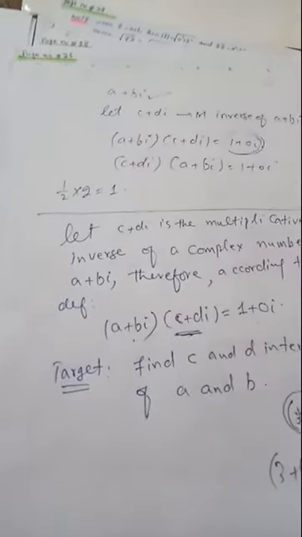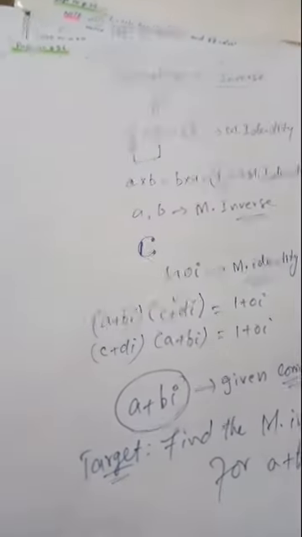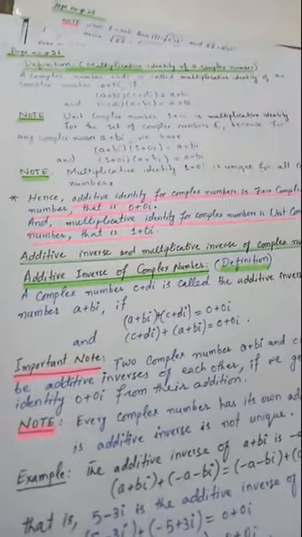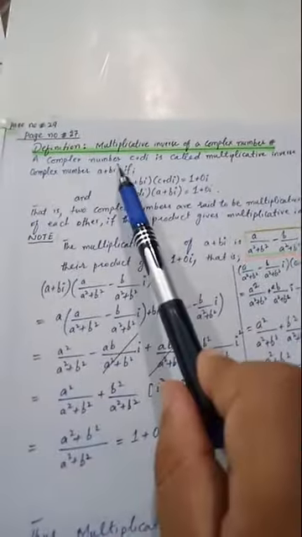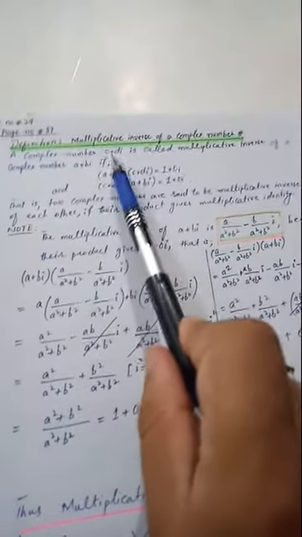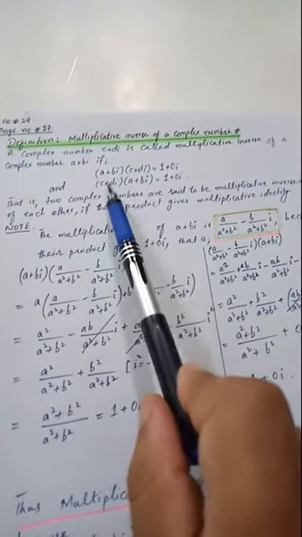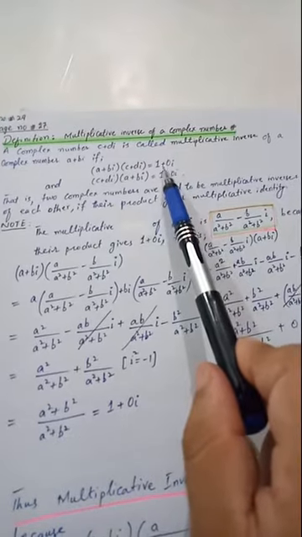Okay, now I will show you a proper definition for the multiplicative inverse. A complex number c plus d iota is called the multiplicative inverse of a complex number a plus b iota if you multiply this multiplicative inverse from right or from left, you will get the multiplicative identity.